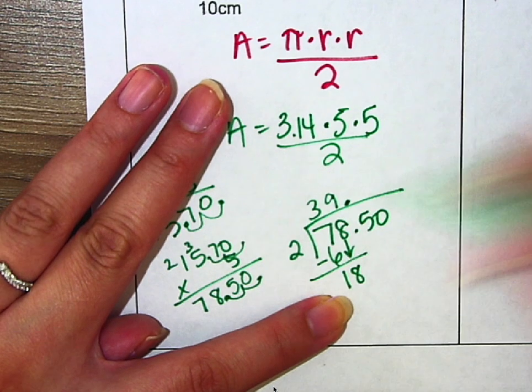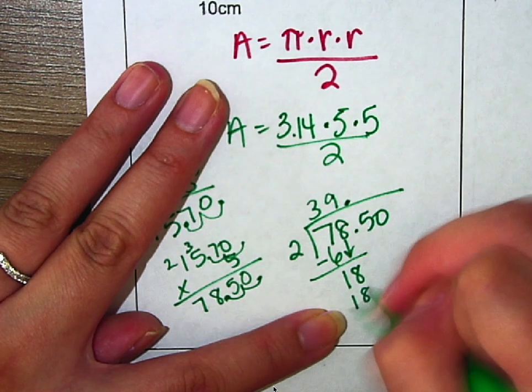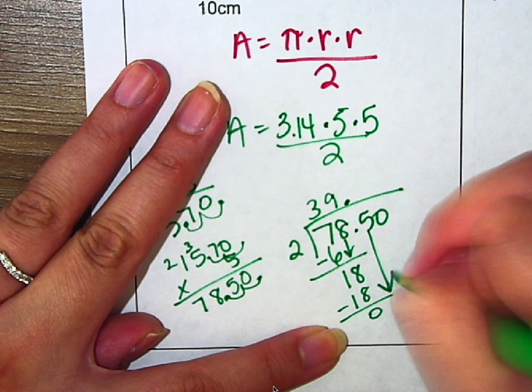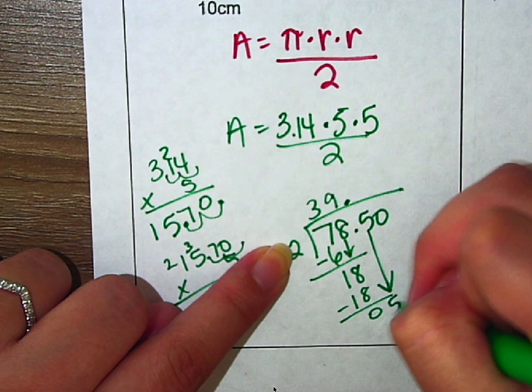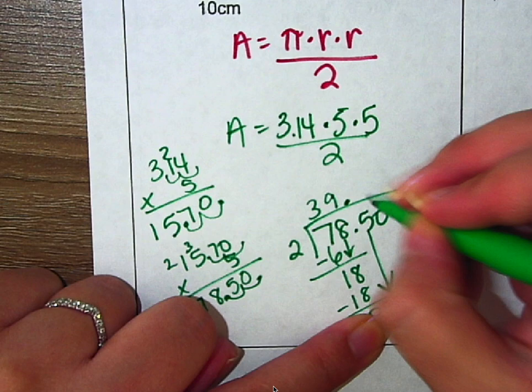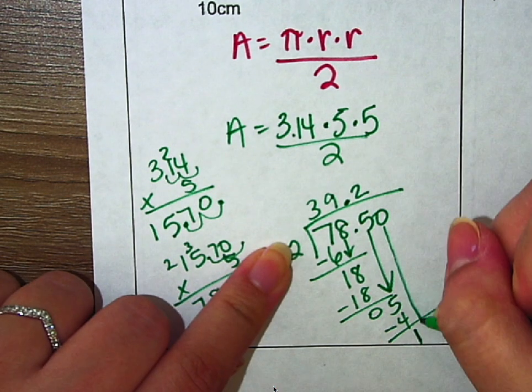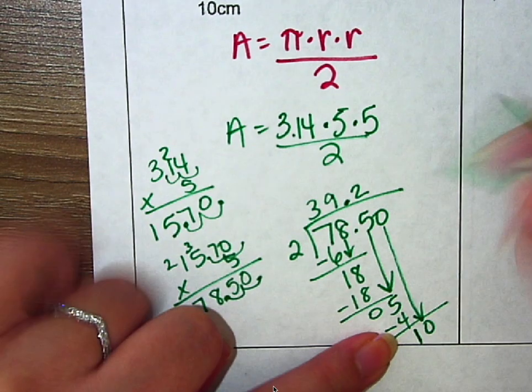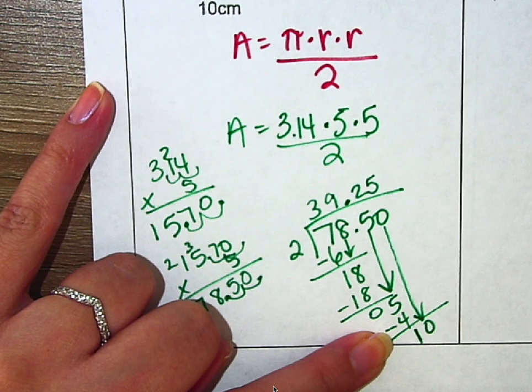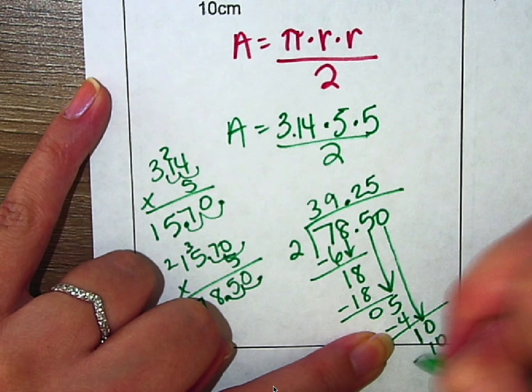I'm going to add my decimal, and I'm going to subtract 18. I'm going to bring down the 5. 2 goes into 5 2 times, minus 4. And then I have to bring down that 0. 2 goes into 10 5 times. Okay.